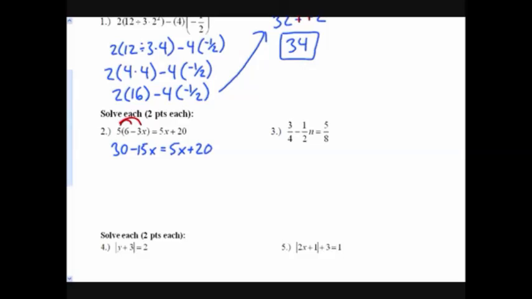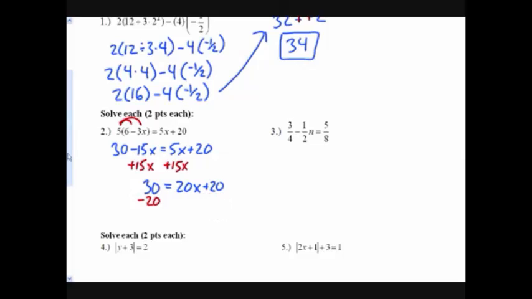Sorry. And now I want to get my x's on the same side. I always deal with the variables first. So I'm going to add this 15x to each side. So that's going to give me 30 equals 20x plus 20. I now have to subtract the 20 from each side, even though I wrote addition there like a crazy person.